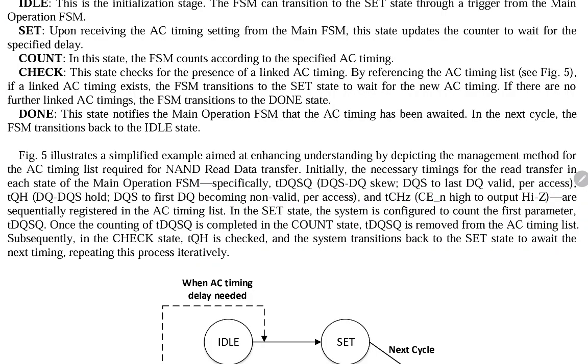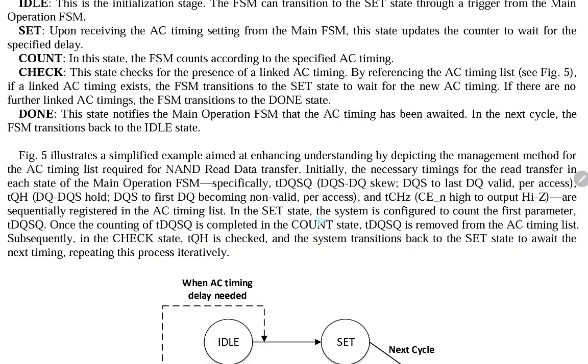Initially, the necessary timings for the read transfer in each state of the main operation FSM, specifically tDQSQ, tDQS, tDQSQ, DQS to last DQ valid, the first DQ becoming non-valid, and the tCHZ, CE_n high to output high impedance, are registered sequentially in the AC timing list.